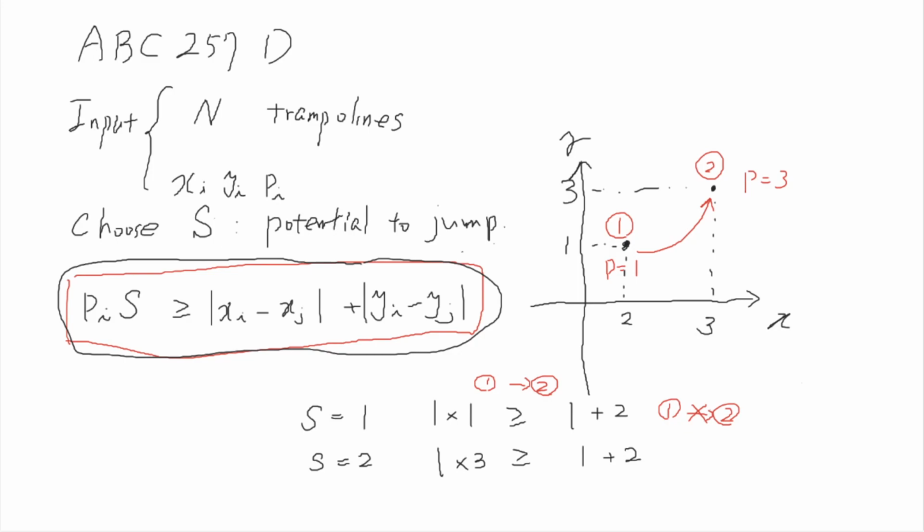But if s is 2, the inequality is satisfied here, and you can move there. On the contrary, you can move from the second to the first in any case, because the power 3 is so strong to move.